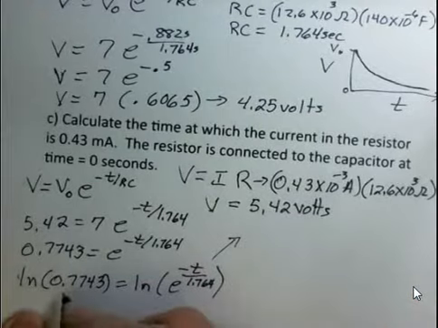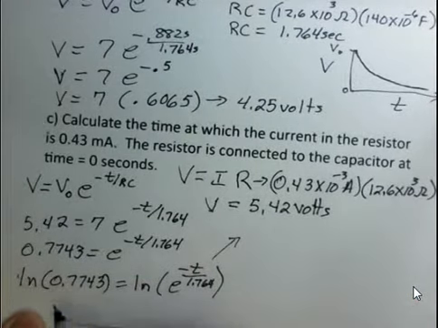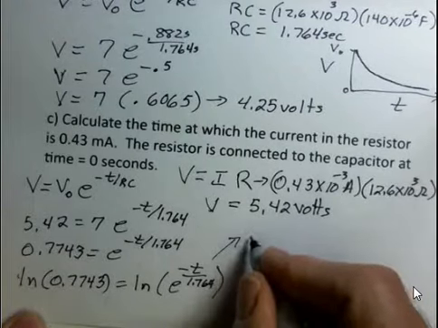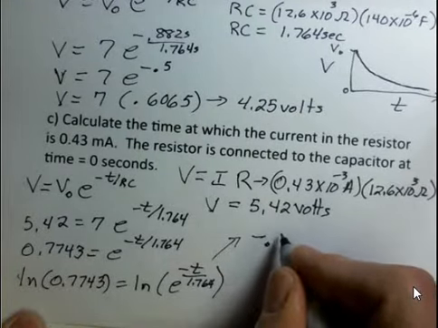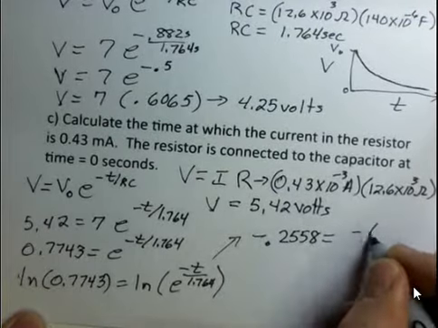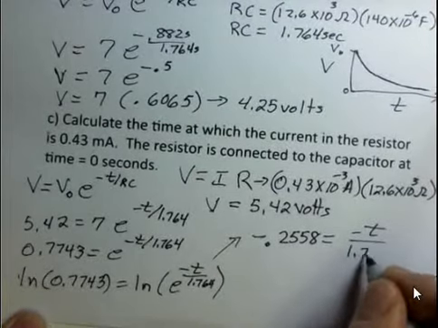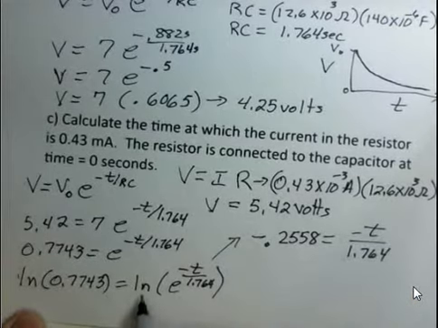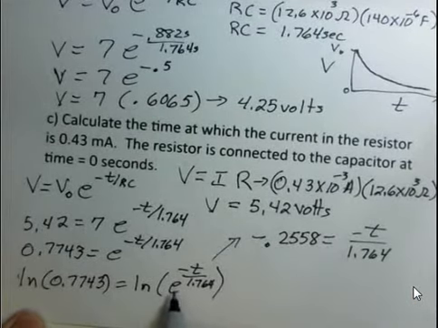So the natural log of 0.7743, the number is less than 1, so we'll get a negative, and your calculator should report to you minus 0.2558 equals minus t over 1.764. Again, the natural log is the inverse function for e to a power.